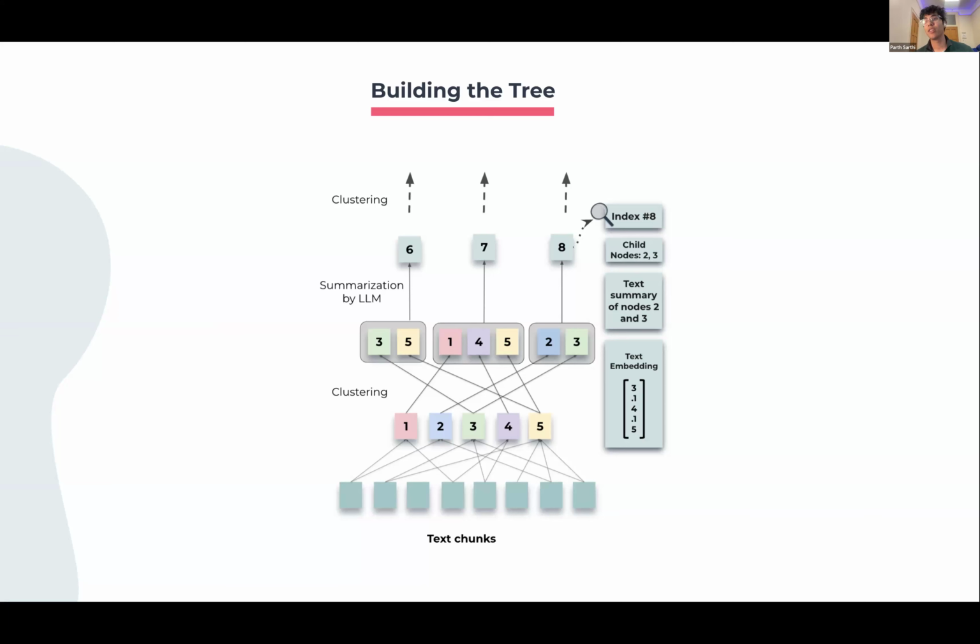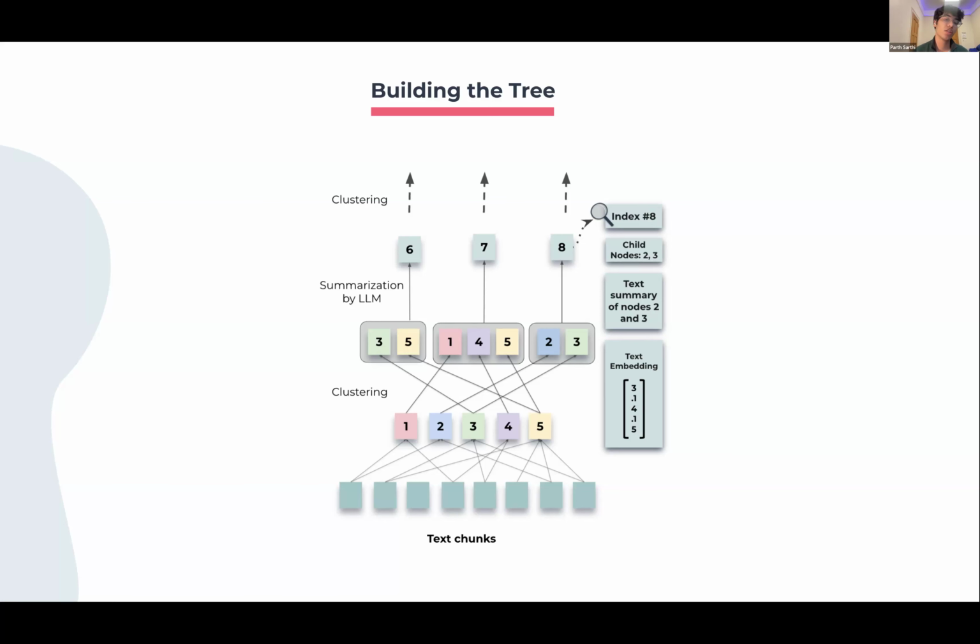Once you have the text chunks of your normal retrieval corpora, we cluster the text chunks based on a clustering algorithm. Once we have these text chunks clustered into different clusters, we pass them to an LLM to summarize. Then we get the next layer of our text chunks with the relationships between the child nodes. And we recursively apply this again.